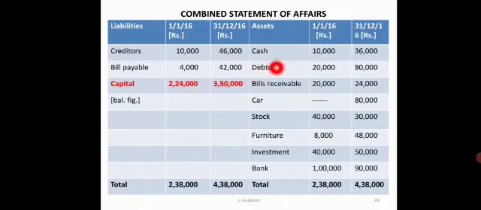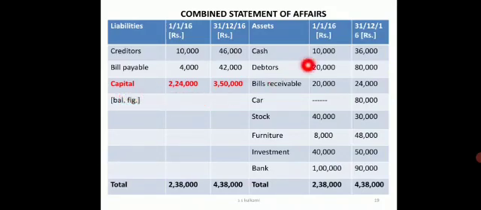The calculation of capital is done on the basis of the accounting equation: assets minus liabilities equals capital. So in the statement of affairs, we follow the formula assets minus liabilities is my capital.